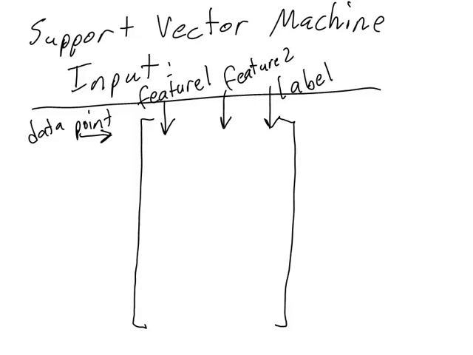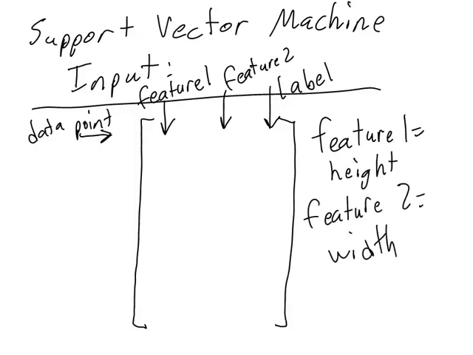For example, suppose that we have a bunch of pictures of horses and dogs. And let's suppose that feature 1 is height, and feature 2 is width. We also have to assign a number to each label. For example, we might have the label 1 representing horses, and the label 2 representing dogs.